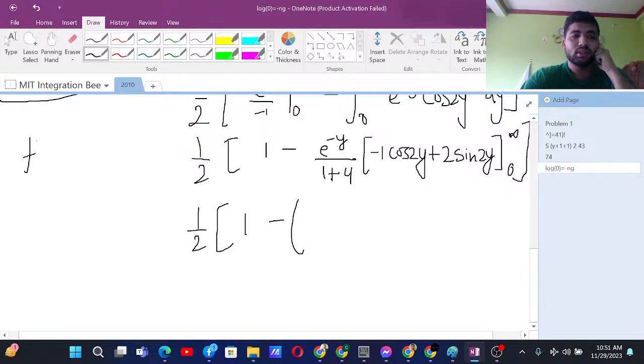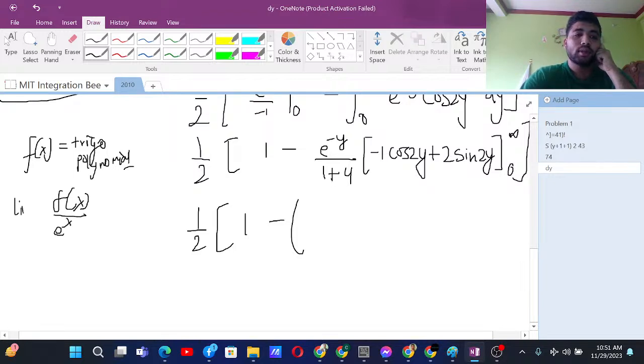So for any function such as trigonometric, not all actually, such as trigonometric or polynomial, if there is any function f of x, and in the denominator we have e to the power x, and x is going to infinity, of course e to the power x will increase much faster than trigonometric or polynomial. Basically for cos and sine that was true, for others I haven't checked though, since at infinity the cos and sine values will lie between -1 and 1, you know? So that's why it grows so fast that it will of course go to 0, so we will use that.